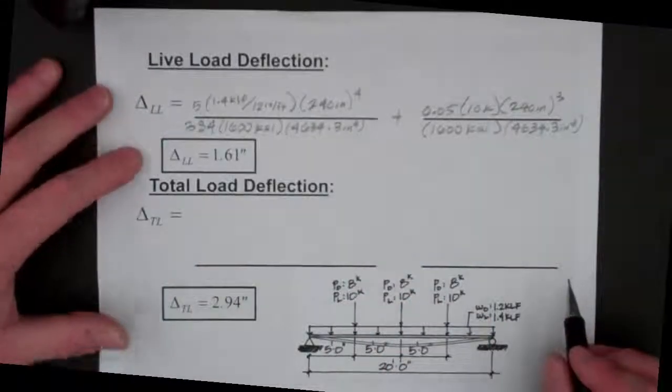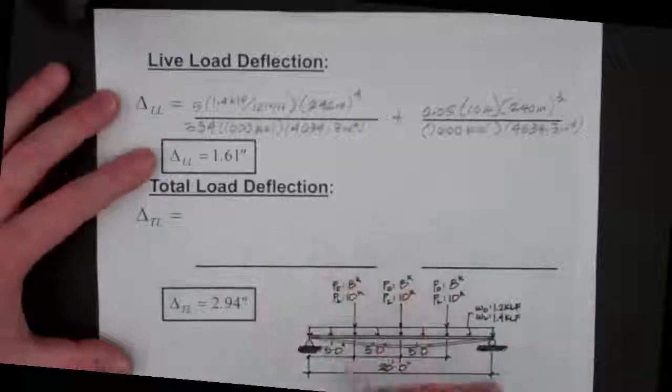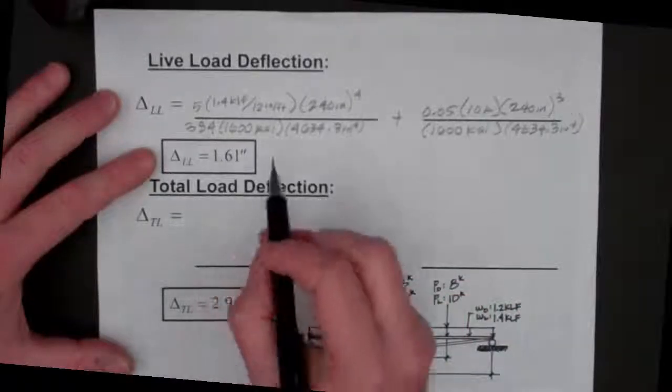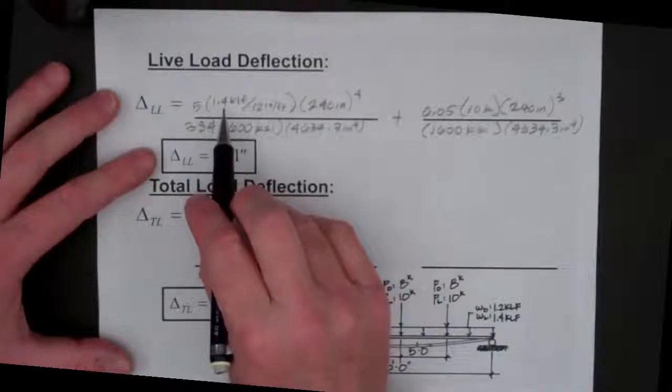So similarly, we can do the total load, where the only difference now is that the loads are factored: 1.2 times the dead load plus 1.6 times the live.